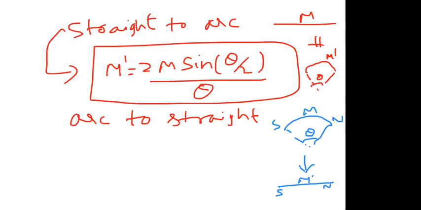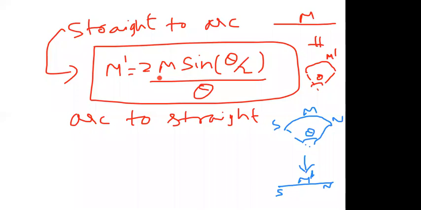That means we have to interchange M and M dash in this formula, then you will get the formula for arc to straight. In the earlier situation M is the straight magnet, but here M is the arc.